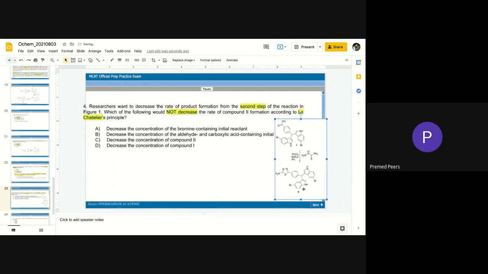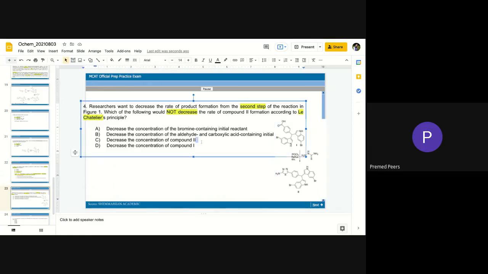Compound 2 is actually our product. So if we decrease the concentration of compound 2, it is going to drive all of those reactions to form more compound 2. So that means it's going to increase the rate. Here it says not decrease, that means increase.